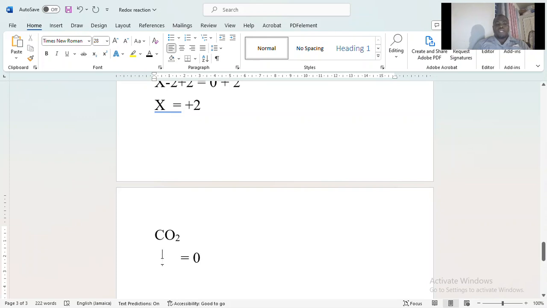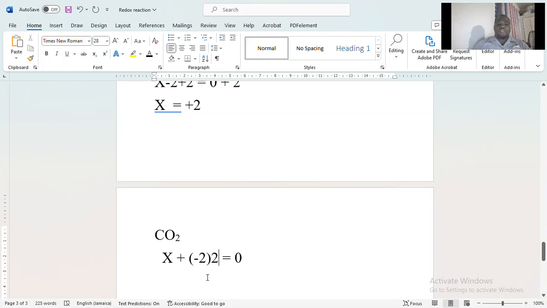So when we look right here, remember we're going to be calling carbon X plus. Now, in this case, the oxygen is a -2, as we said, once it's not bonded to a peroxide. But at the end of the day, we have 2 of them. Cool?